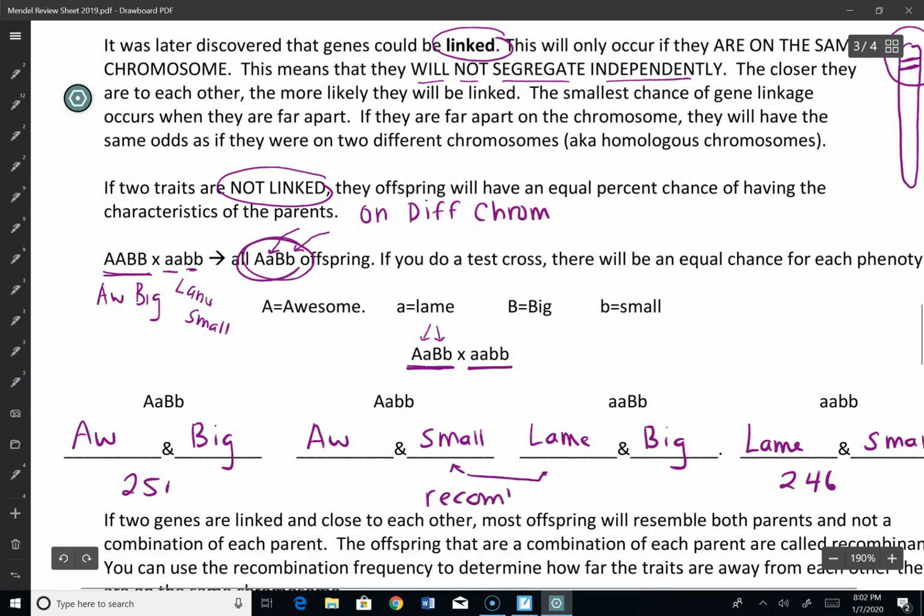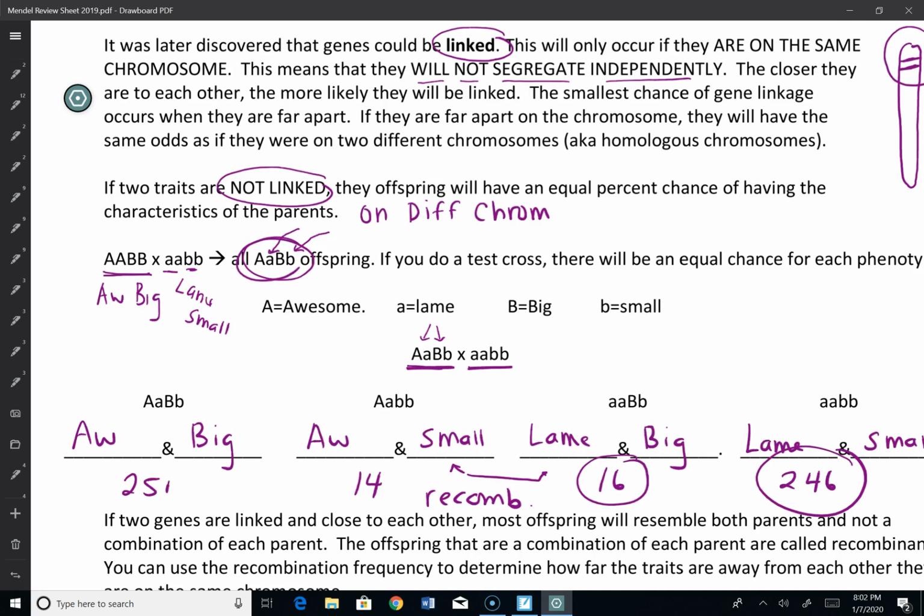Now, what a recombinant means is they are half of one parent and half of the other. So let's say that I'm going to make this up, 16 of these and 14 of these. Now, if you notice, there is a huge difference between 16 and 246. So that means these recombinants are very unlikely to happen. That means that the genes must be very, very, very close to each other on the same chromosome.